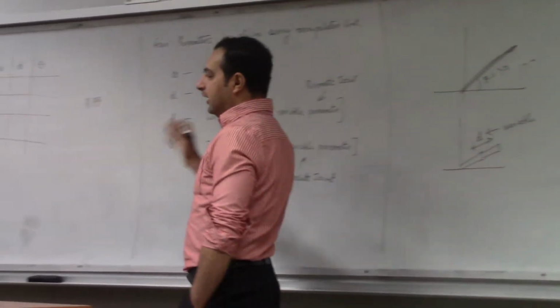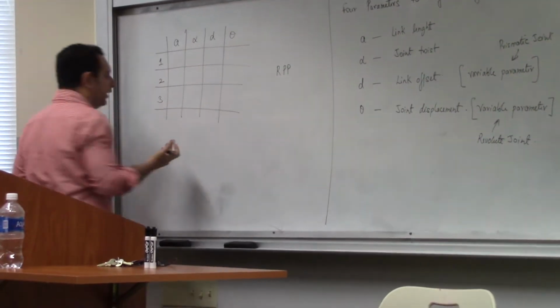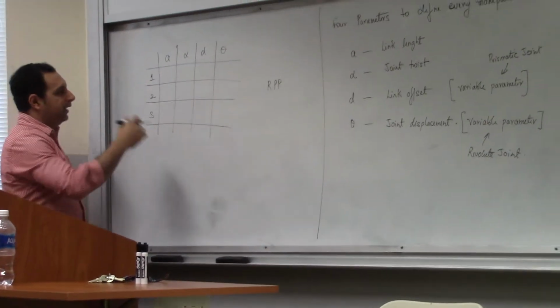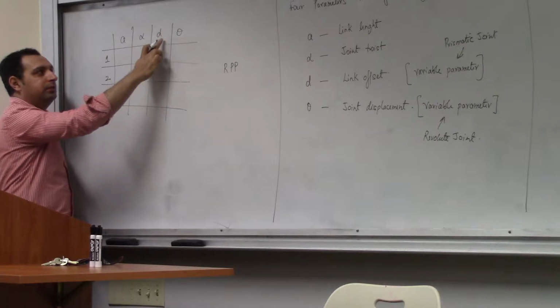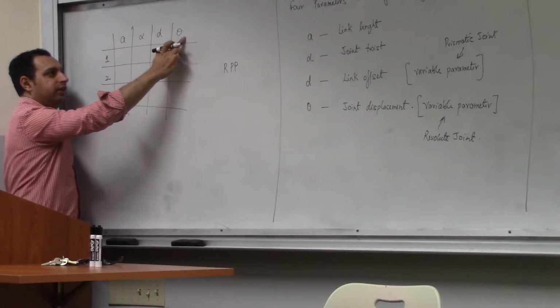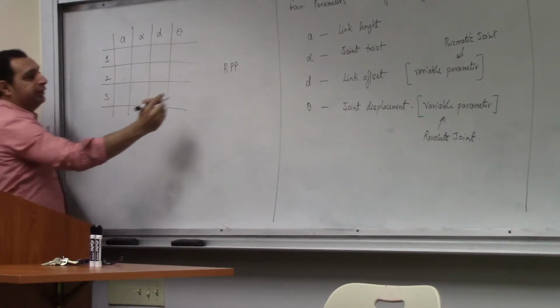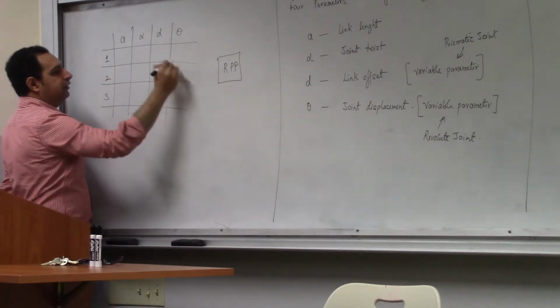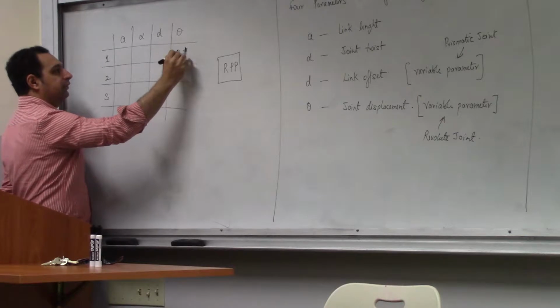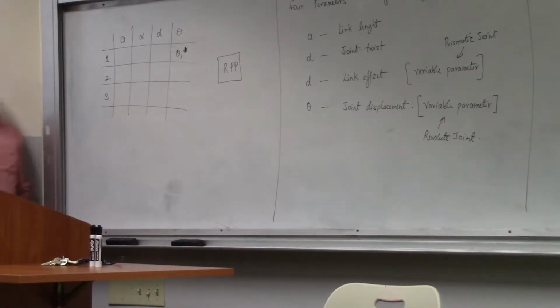In some cases it might be a rigid link, that's okay. But at least one of the parameters, either d or theta, should be variable. If d is variable, that means it's a prismatic joint. If theta is variable, it means it's a revolute joint. So when you have RPP, you have 3 variables. R is revolute, so we write it as theta 1. When we put a star, it means it's a variable parameter.